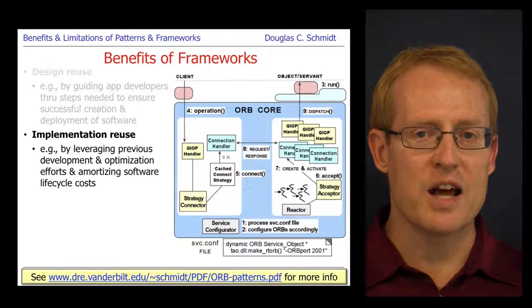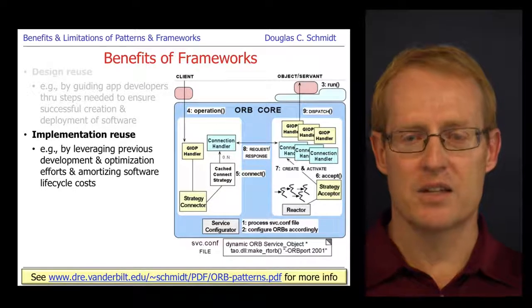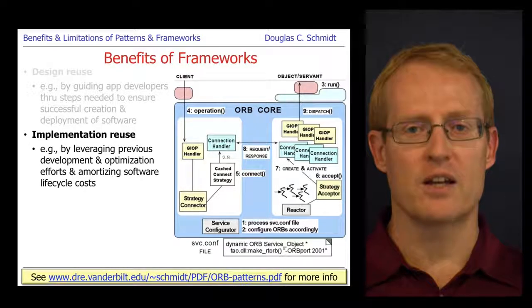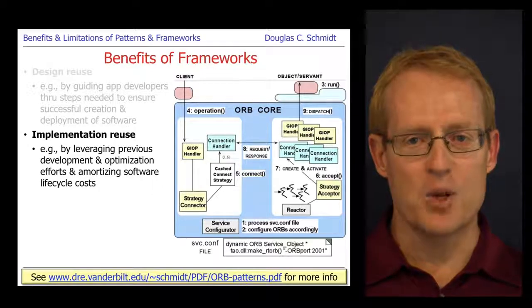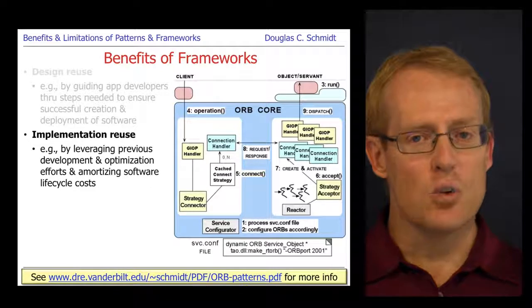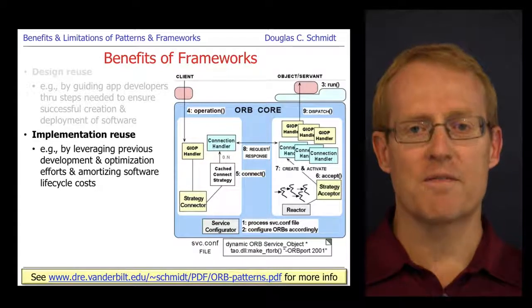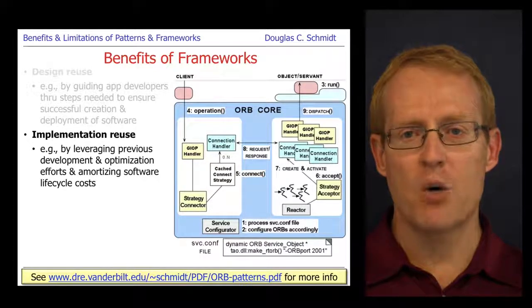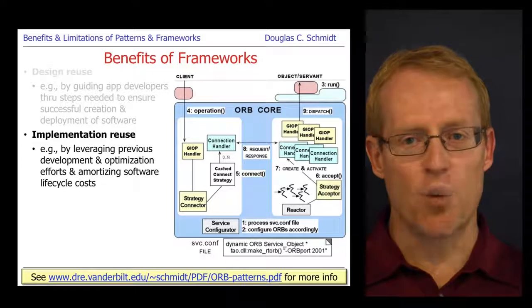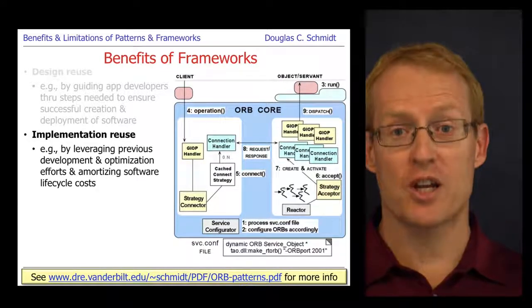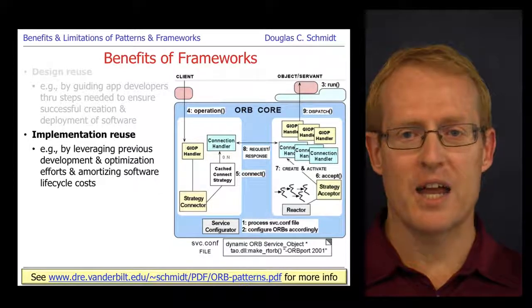But reuse of design is not enough, as we had talked about before in the last part of this module. Reuse of design is crucial, it's necessary, but it's not sufficient. And the reason, of course, is it takes too much work to re-implement those designs by hand. So one of the nice things that frameworks do is they go one step further and they provide a reusable collection of components that are integrated and work together to provide a reusable architecture and implementation for a family of related applications.